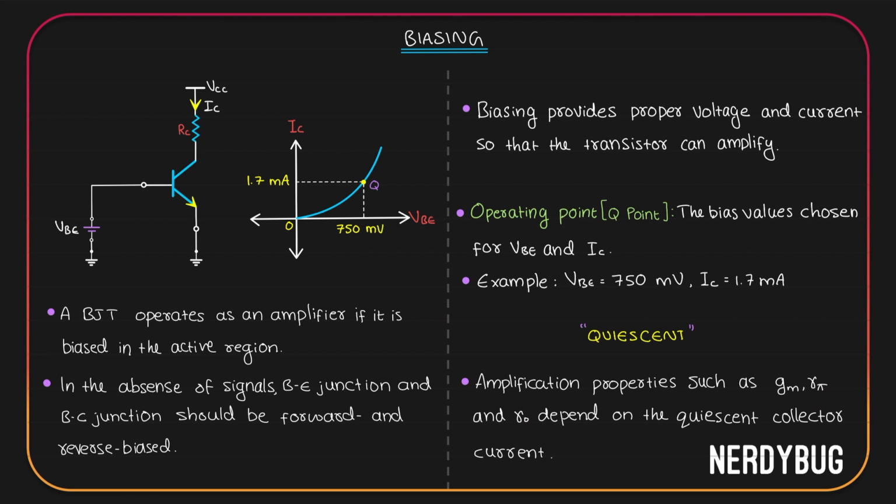Now, directly connecting a cell over here between the base and emitter is one way of biasing it. Right now, you can see we are giving two sources. We have VCC over here, VBE over here. Why do we need two sources? Do you think instead of connecting VBE between the base and emitter, we can directly connect VCC to the base so that the base will be at a higher potential than the emitter?